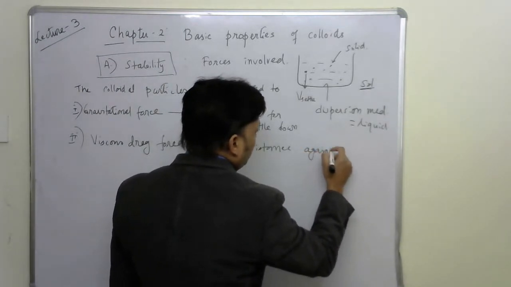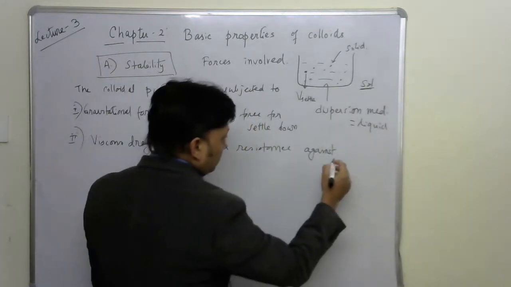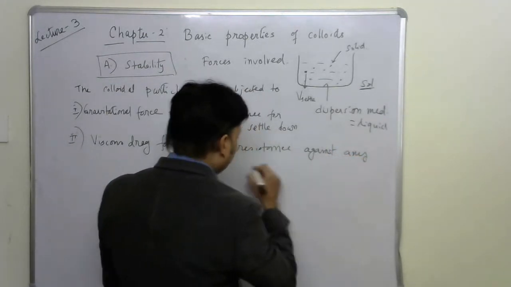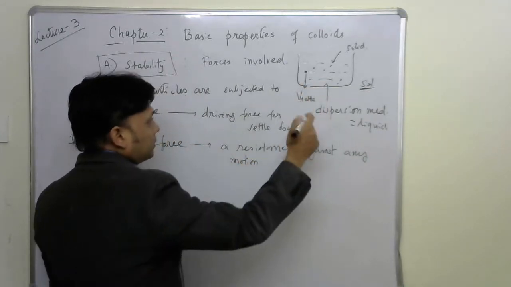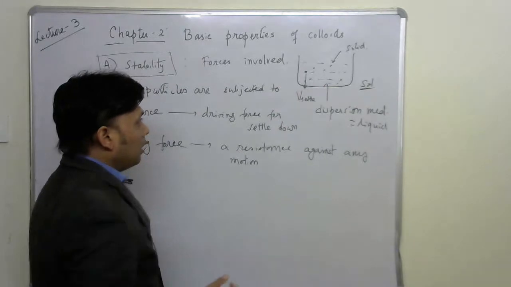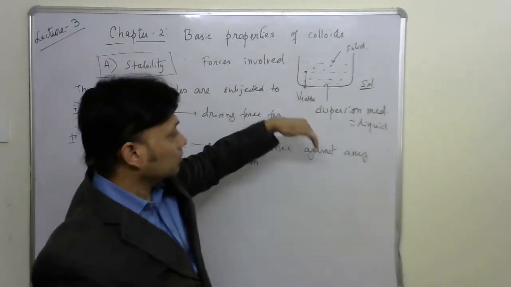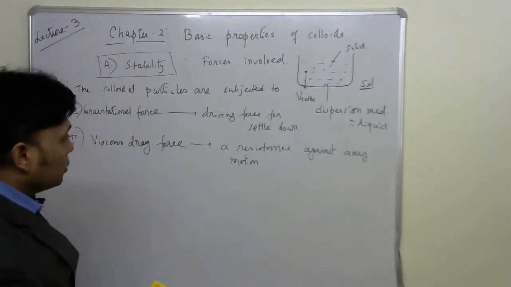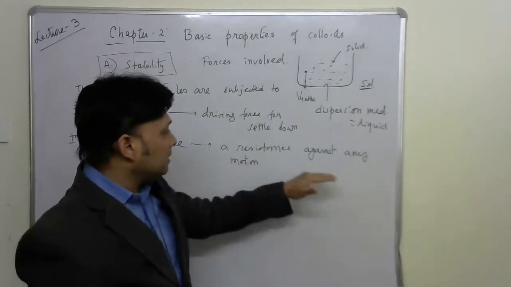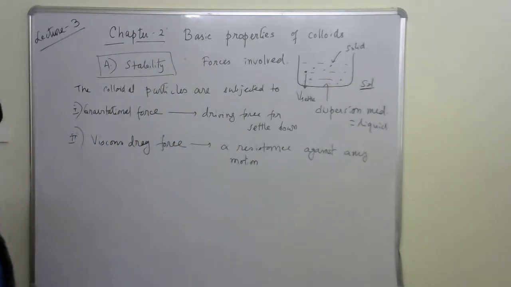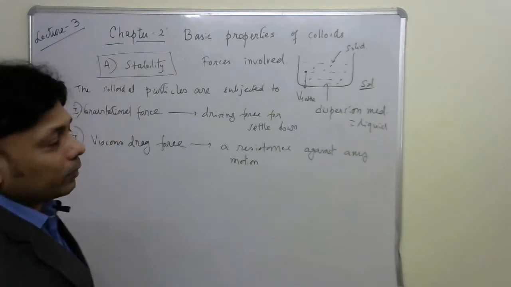It actually opposes any motion in the liquid, and if we are particularly interested in the particle's downward movement along the gravitational pull, it works against the gravitational pull, or against the settlement velocity direction.